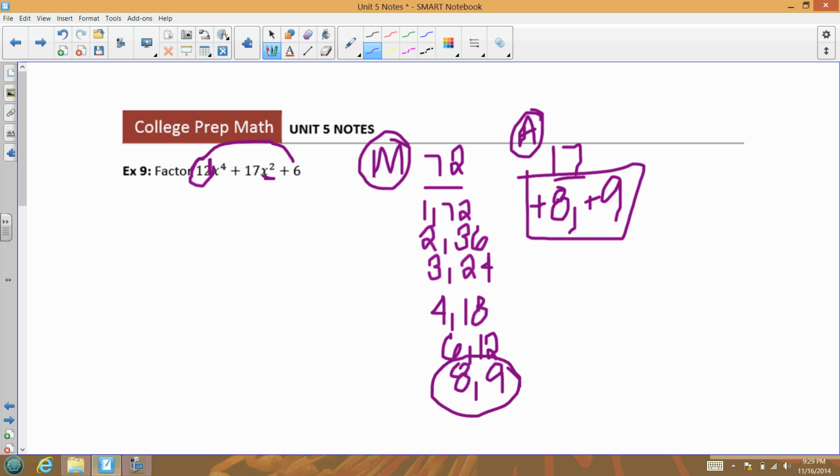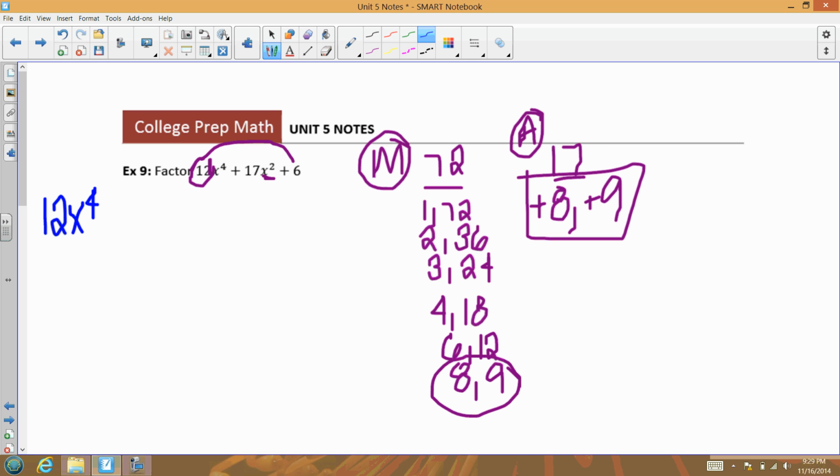So then I'm going to rewrite my expression. So I'm going to have 12x to the fourth. And I'm going to group the 8 or 9 with this. It's not going to make a difference because I could either pull out a 3 or I could pull out a 4 if I use the 8. So it's not going to really matter.